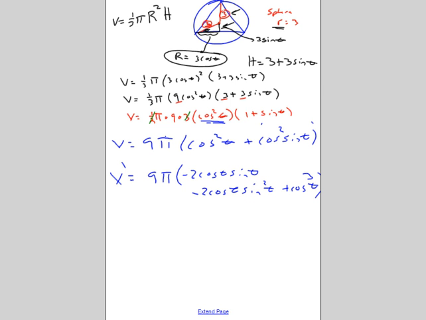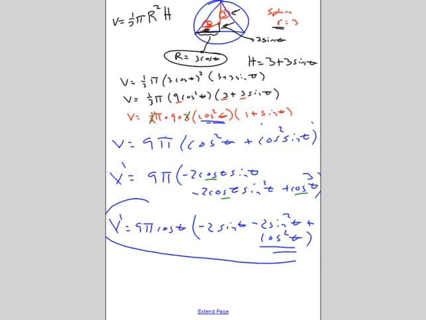And we see a bunch of cosine thetas, so we can take that out. And when we take that out, we get V prime equals 9 pi cos of theta times negative 2 sine theta minus 2 sine squared theta plus cos squared theta. And this is where we're going to replace cos squared theta with a sine squared theta. And I'm going to do this on the next page.